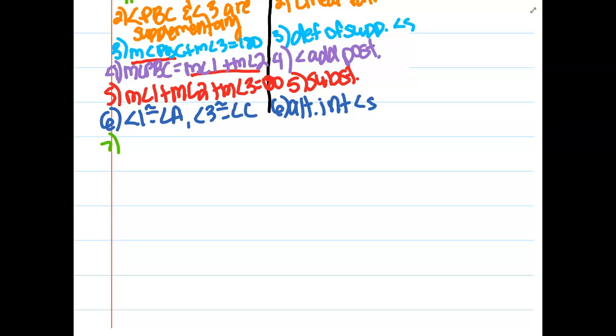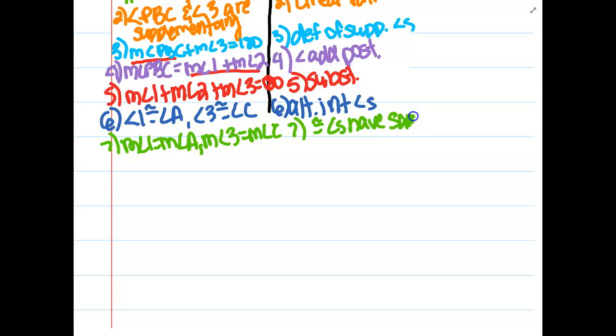And I can take that one step further, and I can say, okay, since angle 1 is congruent to angle A, the measure of angle 1 equals the measure of angle A, and the measure of angle 3 equals the measure of angle C. How do I know that? Congruent angles have the same measure, right? If you want to say definition of congruent angles, it's fine. What your book uses is it says congruent angles have the same measure.